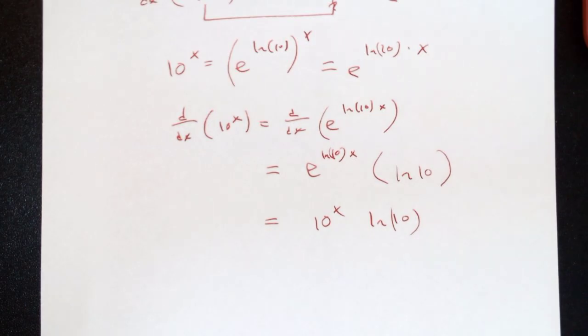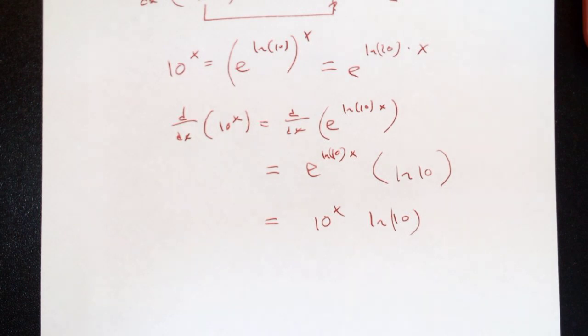I don't care what base you're using. As long as the base is a positive number other than 1, this works. I believe this is in the textbook on page 204, although they might use 2 to the x instead of 10 to the x. Same process.